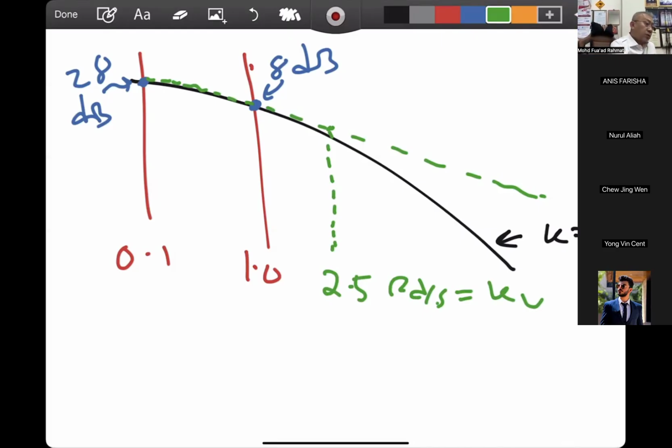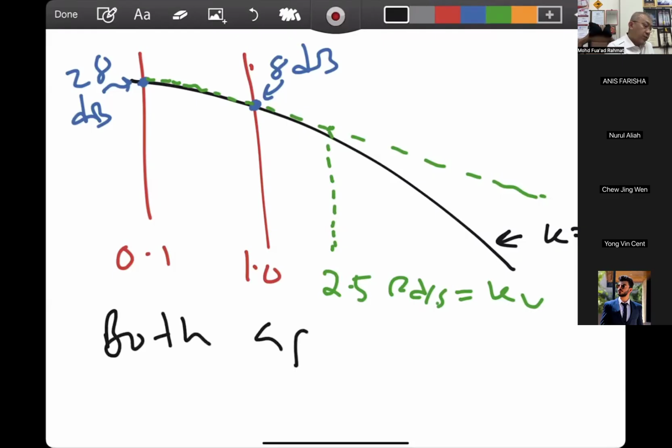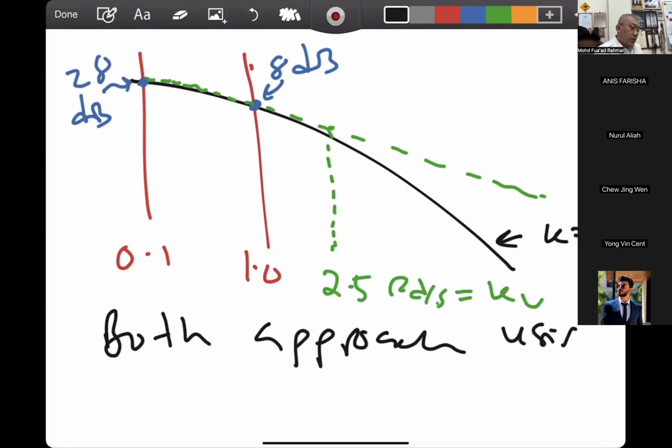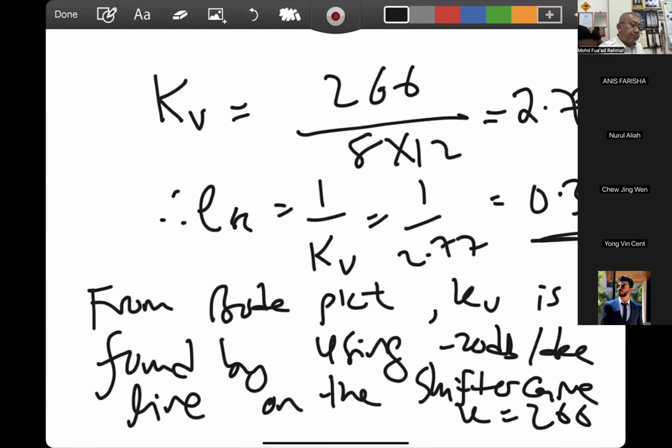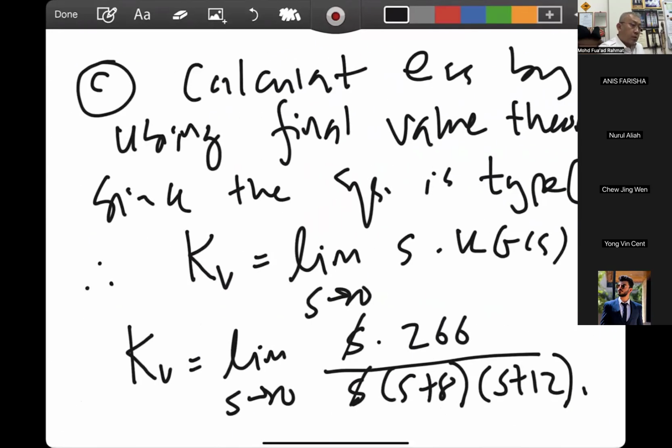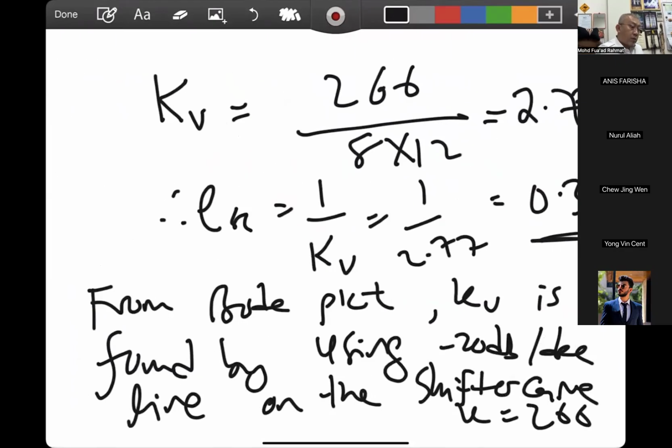So what is your conclusion? Both approaches, using calculation, which is 2 point berapa tadi? 2.77.